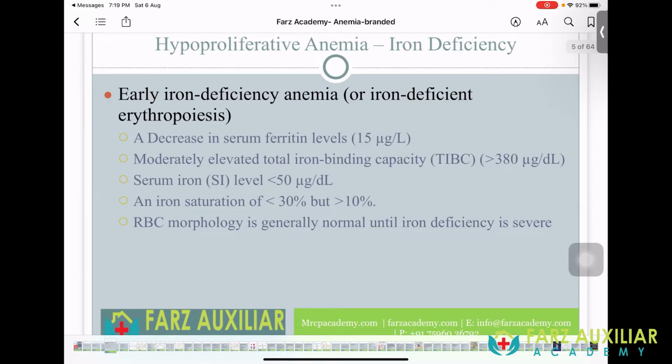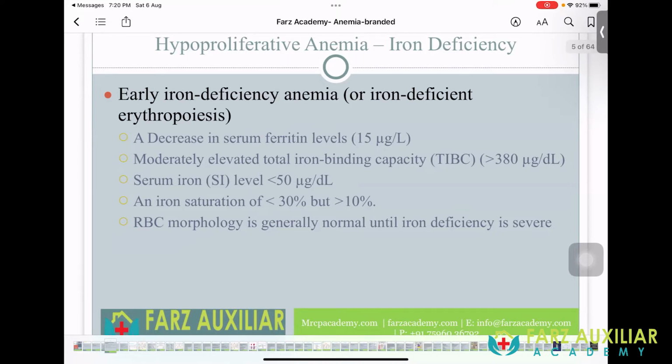When the saturation is less than 10%, then we call it proper iron deficiency anemia. Sometimes we do get an iron deficiency anemia picture with an iron saturation of more than 50%. In those cases, basically it is a defect of iron being incorporated to make hemoglobin. That is called sideroblastic anemia, which we will see again.